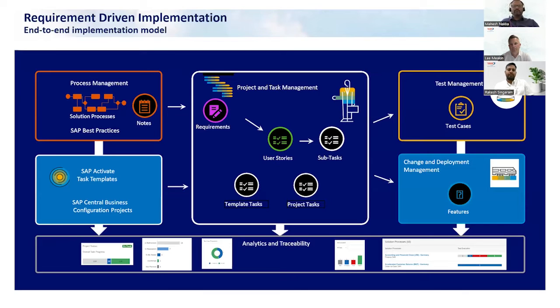So you have complete visibility, complete traceability of your requirement, right from when you identify that requirement under a process till it is deployed into production. So this is a snapshot of how the requirements management is managed in the CALM tool.